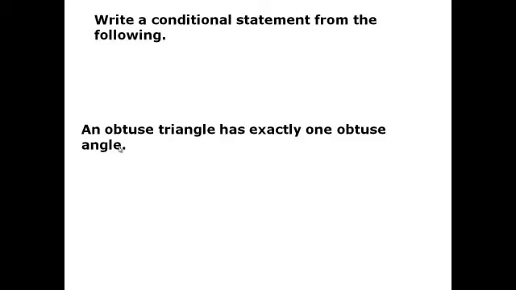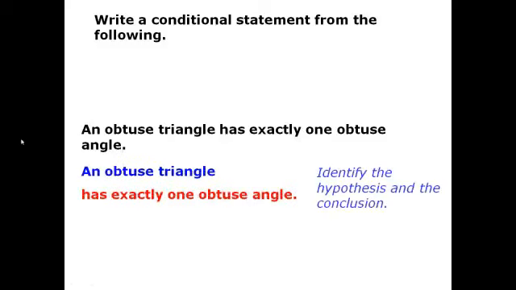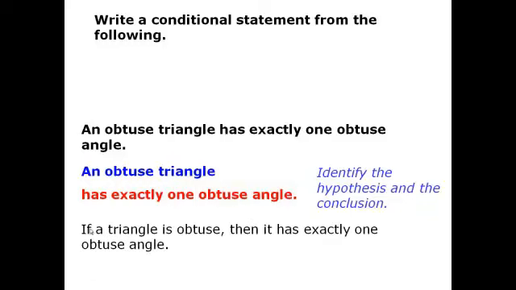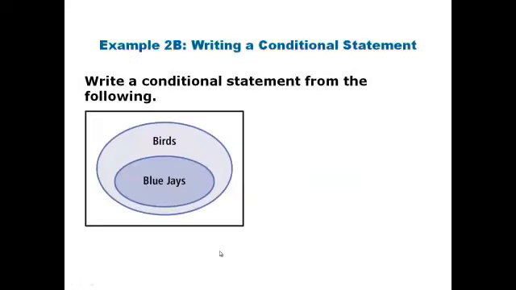Well, our hypothesis is that a triangle is obtuse, then our conclusion is it has exactly one obtuse angle. So then we just write it, if a triangle is obtuse, then it has exactly one obtuse angle.